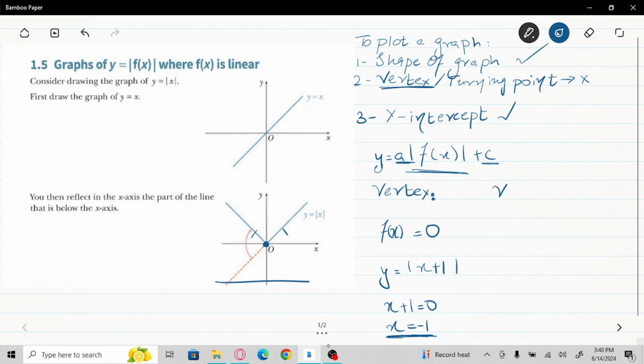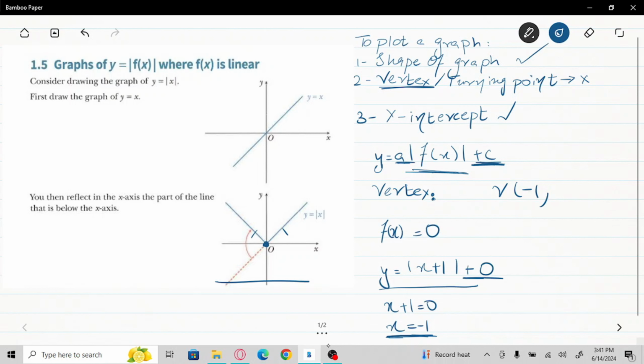So the vertex is at the point -1 as x, and how do we find the y value of the vertex? The y value is actually this c. If we see right now, y equals modulus of x plus 1, we cannot see any other integer or value here, so we assume plus 0.